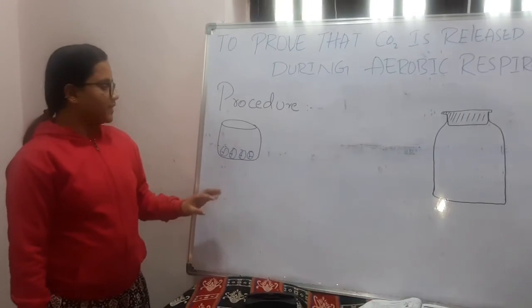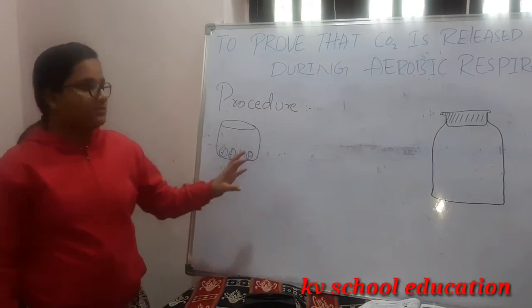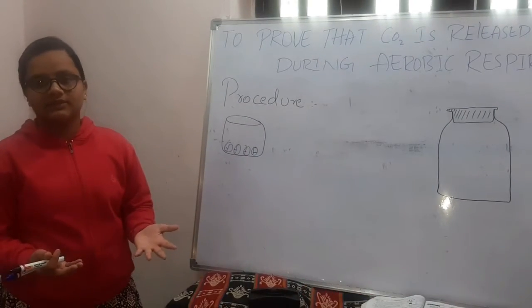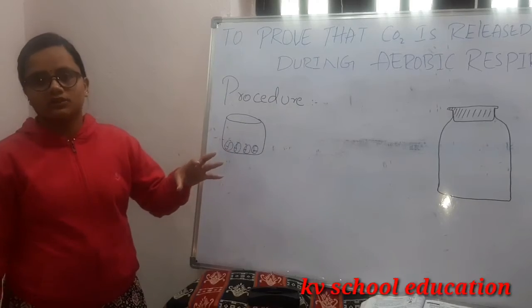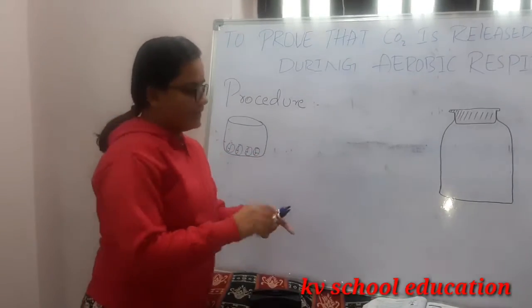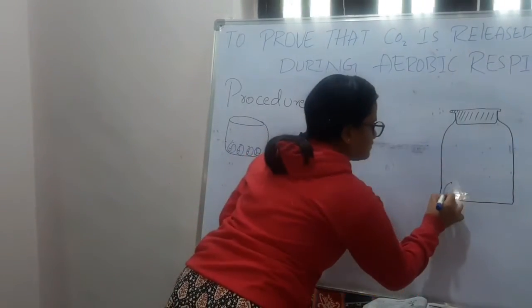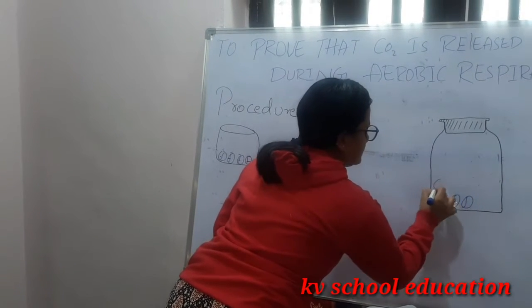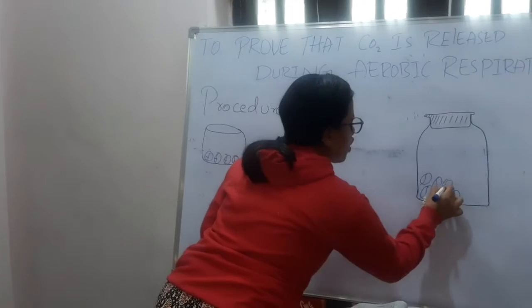So next day, collect the sprouts from the pouch. Already I said that we have kept them in a white clean cloth. Collect all the sprouts and keep them in a glass bottle. Imagine that these are the Bengal gram sprouts.